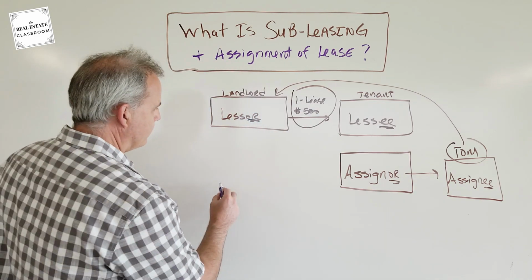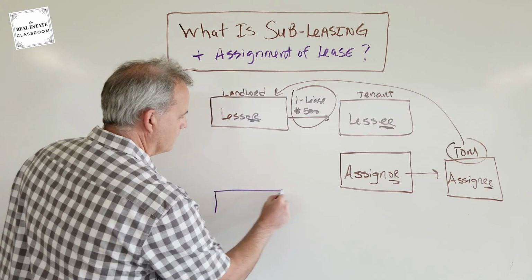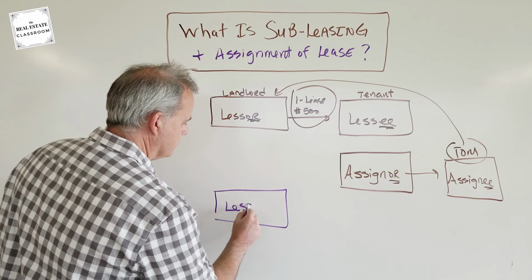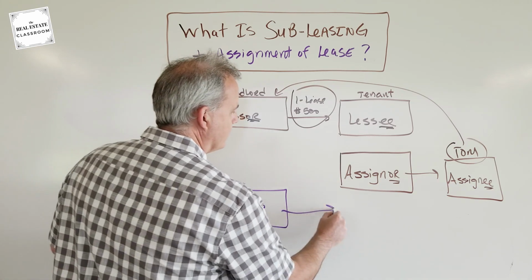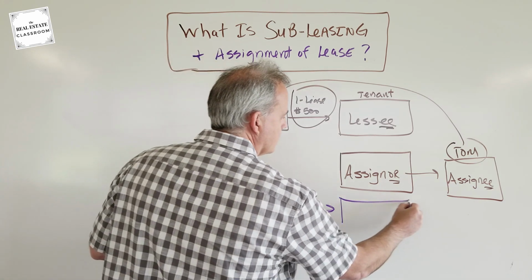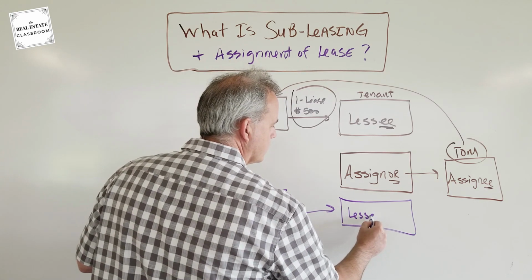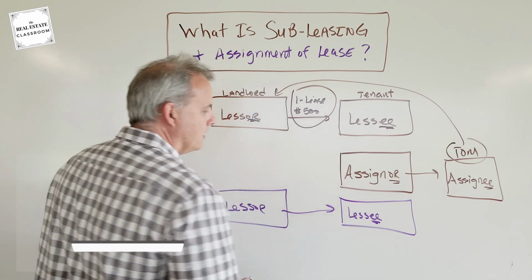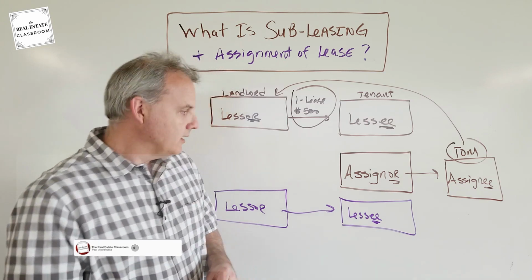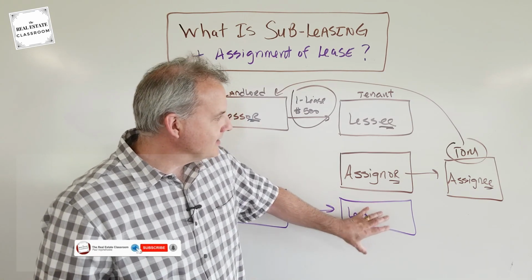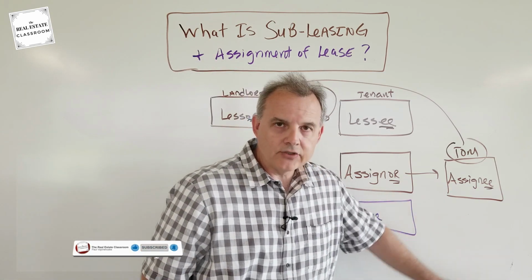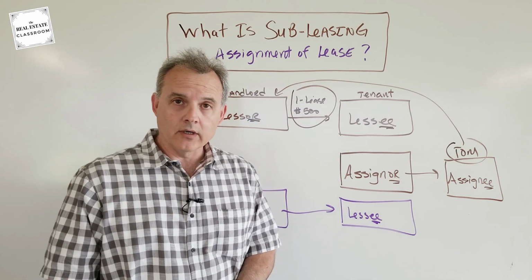All right, so we have the landlord, which is the lessor, and they have a lease agreement with the lessee. Now what happens, instead of the tenant assigning the contract, the tenant becomes the landlord.